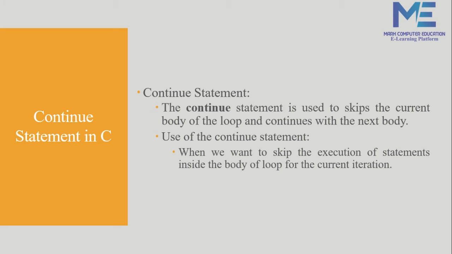It means the execution is running, but for a particular value I don't require the body of the loop, then I can skip that body. For that I can use the continue statement, but it will be used with an if statement only when we are using it inside a loop.